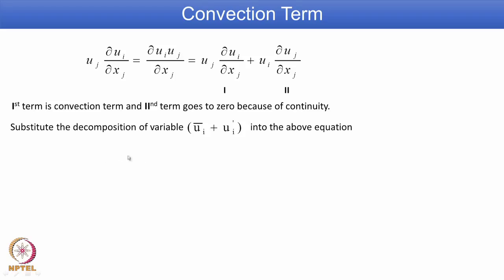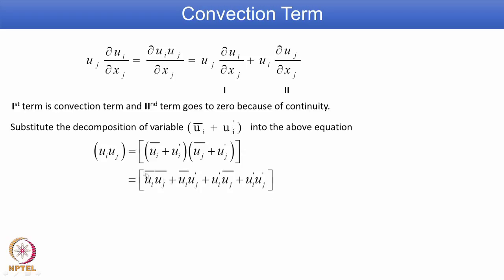If you substitute the decomposition for every velocity variable as u_i bar plus u_i', then we have u_i u_j written as (u_i bar plus u_i') and (u_j bar plus u_j').